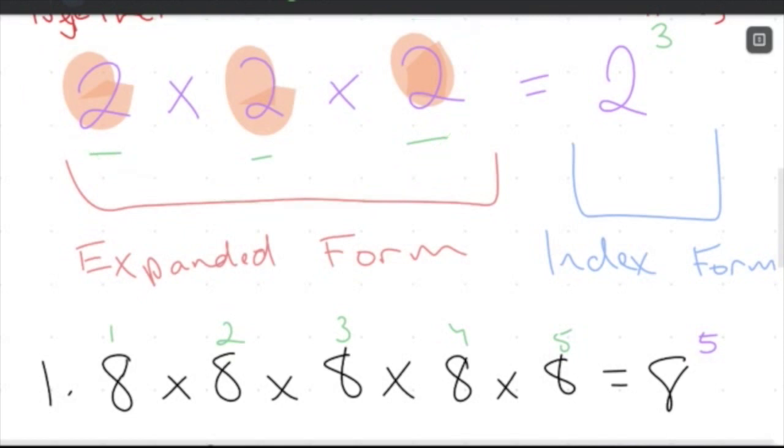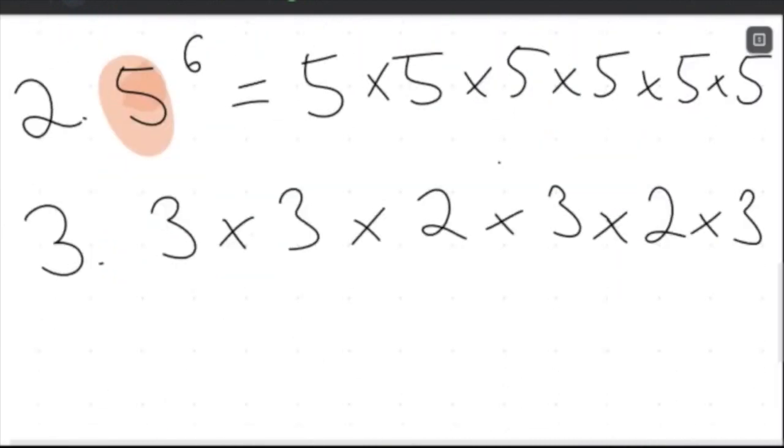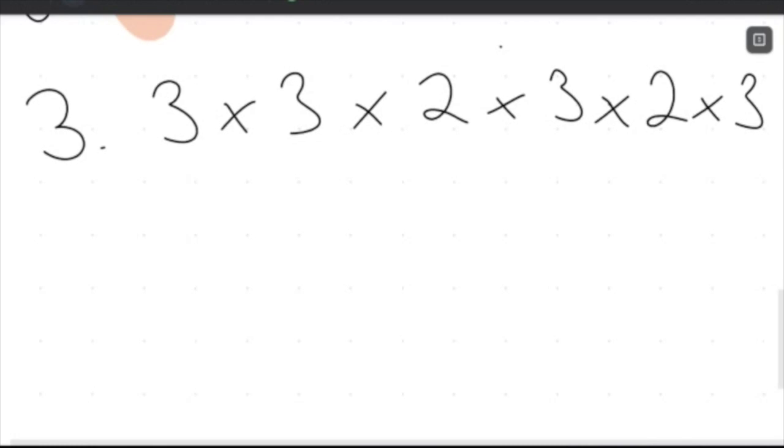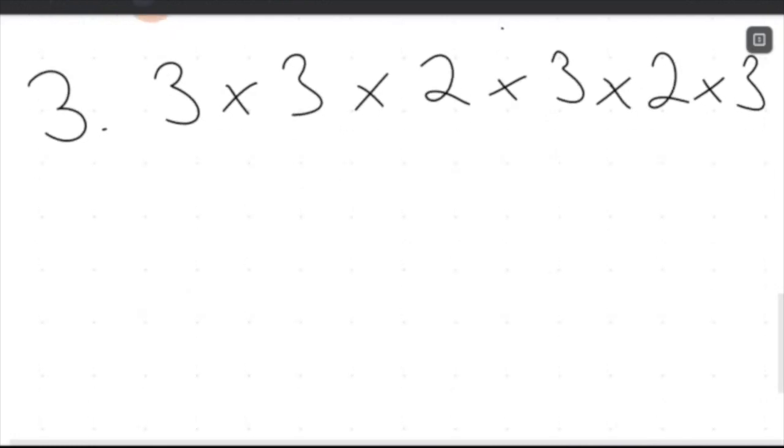That's the only way I can use indices, this shorthand, this abbreviation for multiplication. So the only way this is going to work when I simplify it is when I multiply the same base. And you can see here I have 2 different numbers, 2 different bases. But all I need to do is, well, I just want to see how many of each I have. I want to collect the same bases.